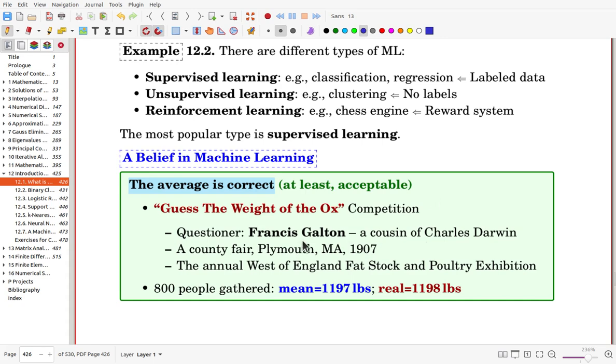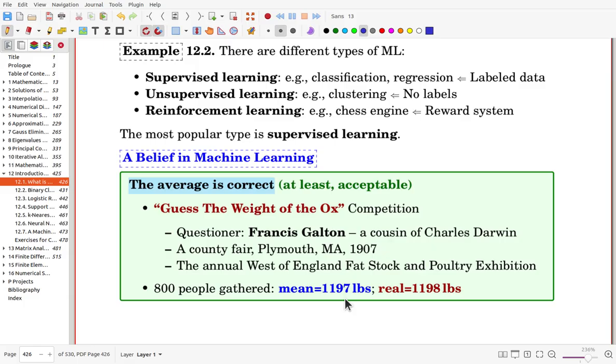And Sir Galton was at a county fair in Plymouth, Massachusetts, in 1907. He pulled an ox and asked the people the estimated weight of the ox. There were 800 people gathered, and their answers had a mean value of 1197. After getting this number, he put the ox on a scale and measured 1198.